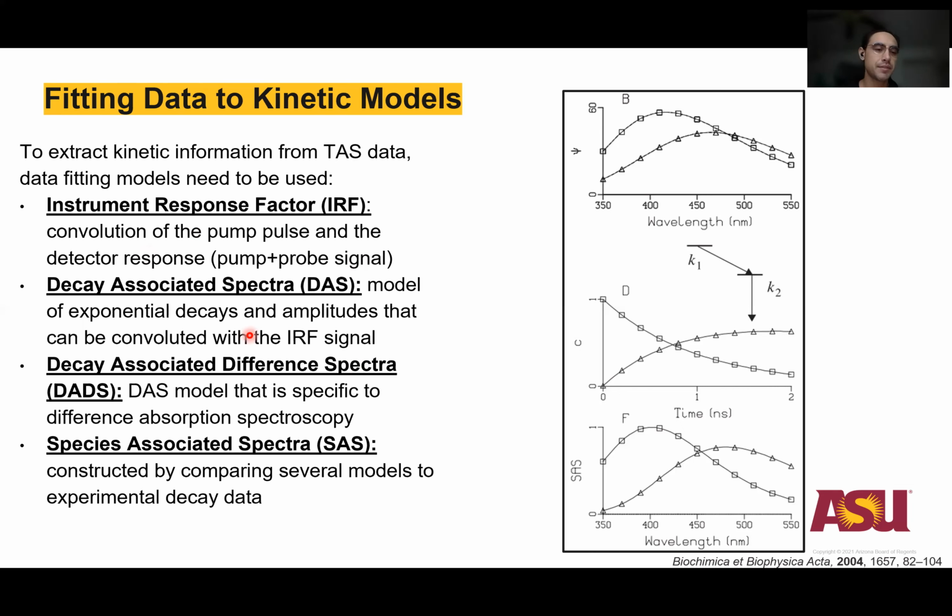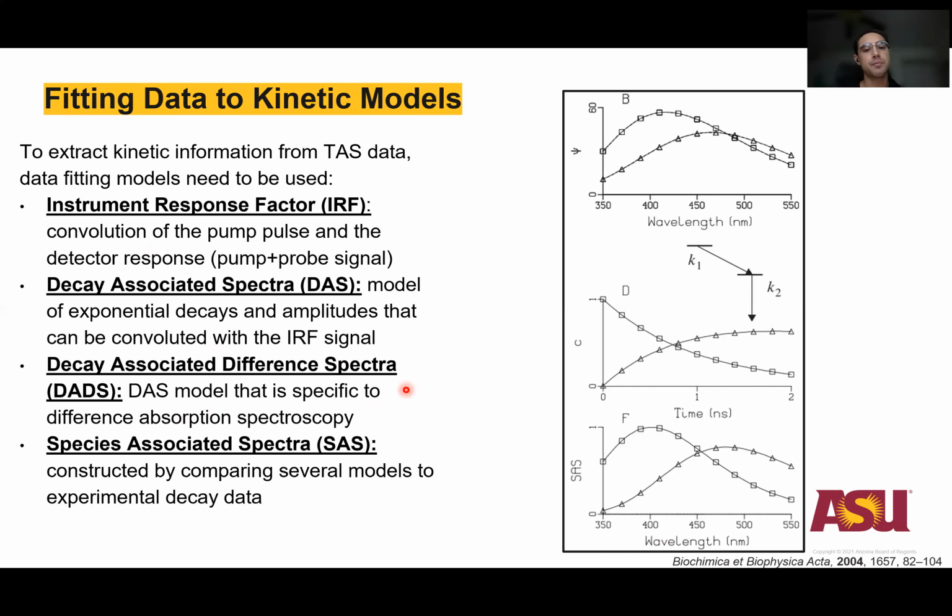And so there are specific models that are used specifically for difference absorption spectroscopy, which transient absorption is one of those methods.